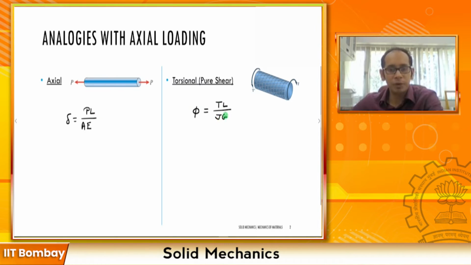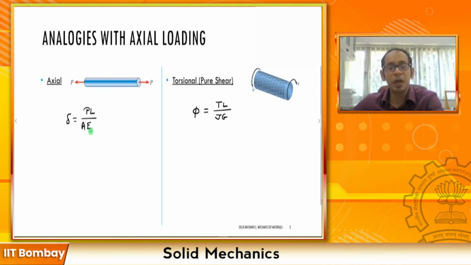Both of these formulas depend upon the length of the member L. Now let's come to the denominator. Here you have A, the area of cross section, and here you have J, the polar moment of inertia.